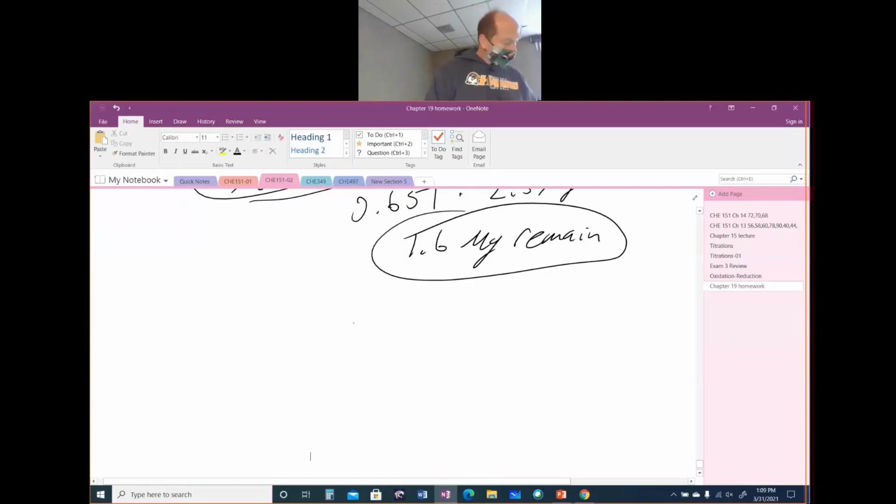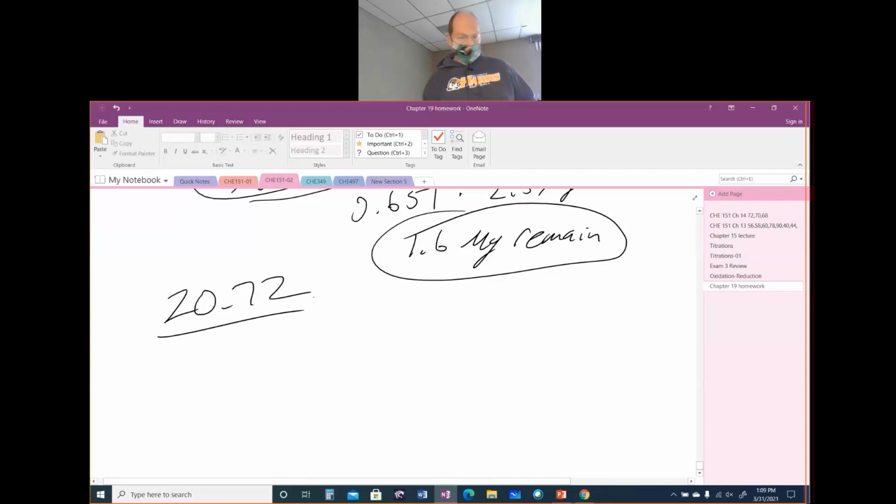All right, let's try 20.72. Number 72 is a little tricky. This is where, when you go fast, you know what you're doing and you get the wrong answer. It says 20% of a sample of zinc decays.